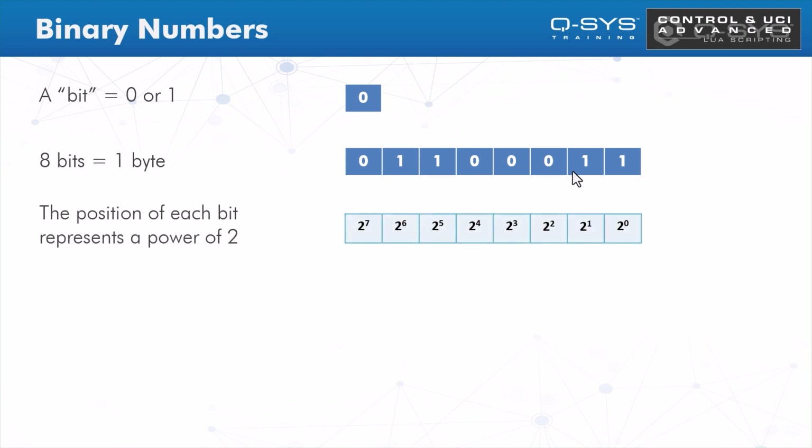You can use those allocations of memory to represent different encodings. Typically, when we think about binary numbers, we think about each one of those bits representing a place value in the base 2 system.